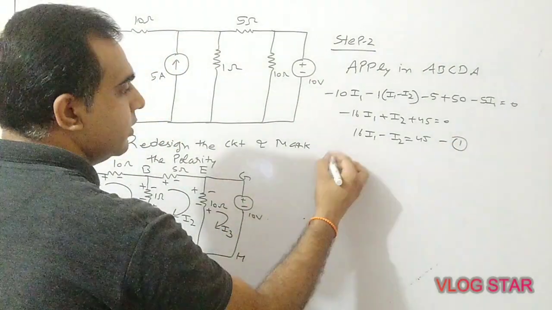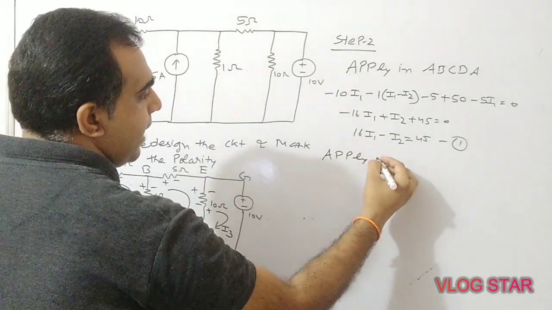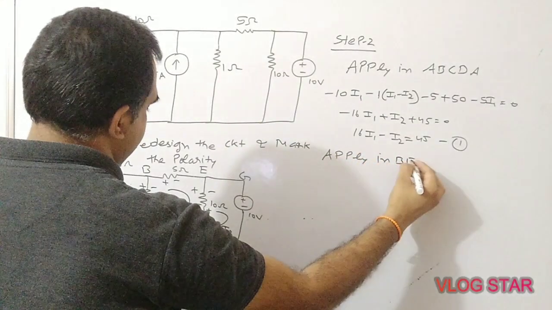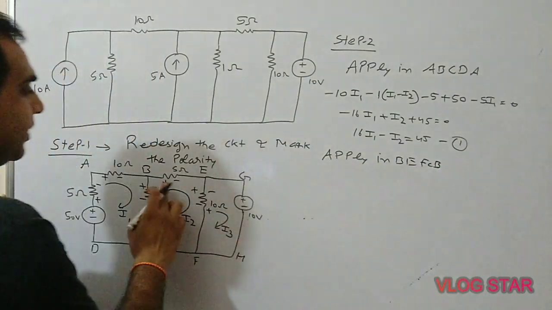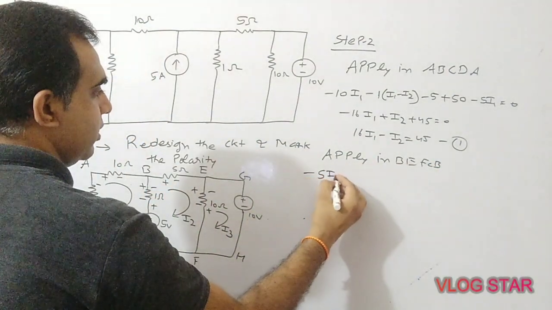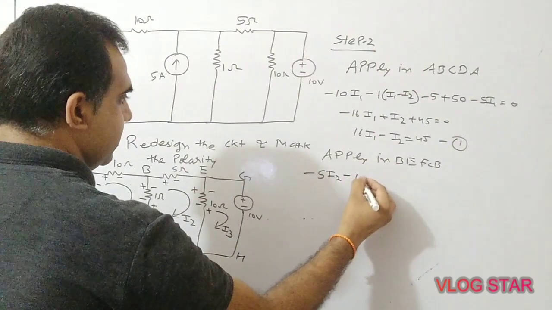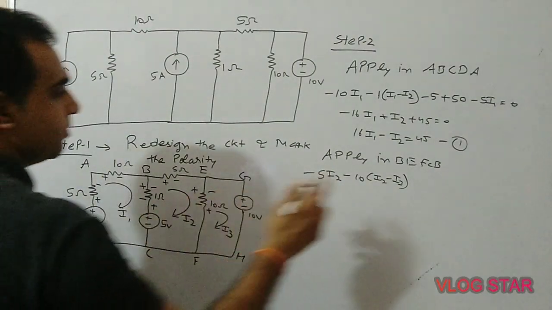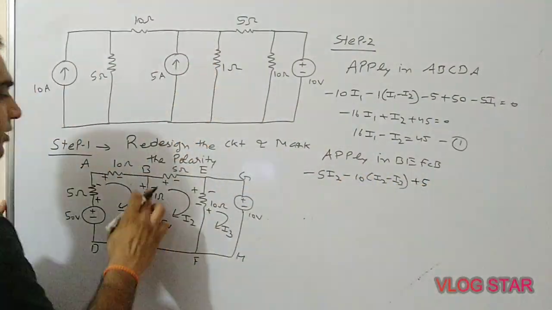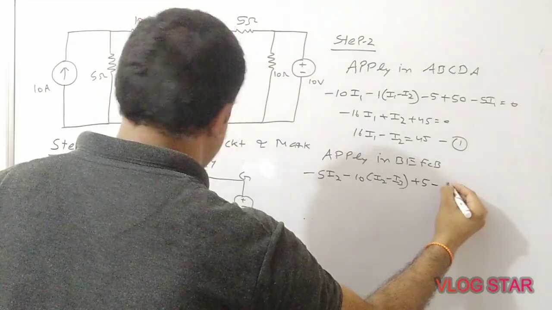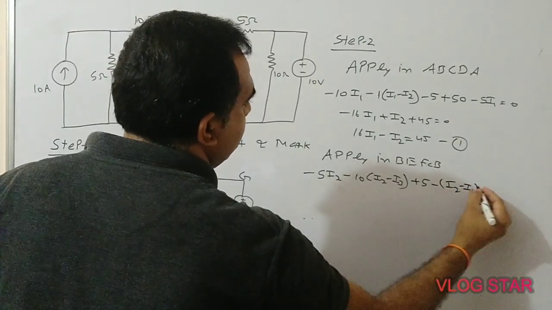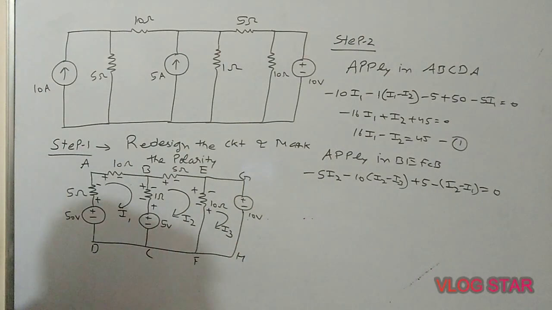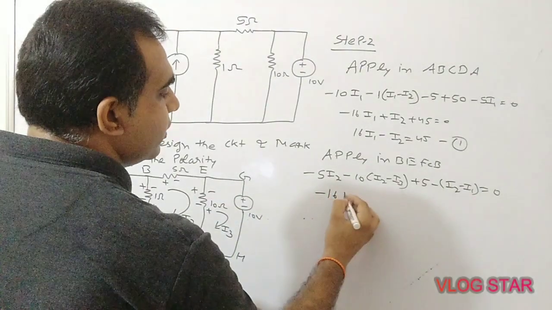Okay, now in the case of the second mesh, apply in B, E, F, C, B. Plus minus, minus 5 I2, plus minus, minus 10 times I2 minus I3, plus 5, plus minus, minus I2 minus I1, equal to 0. Now add this 10 plus 5, 15, and this one 16, minus 16 I2.